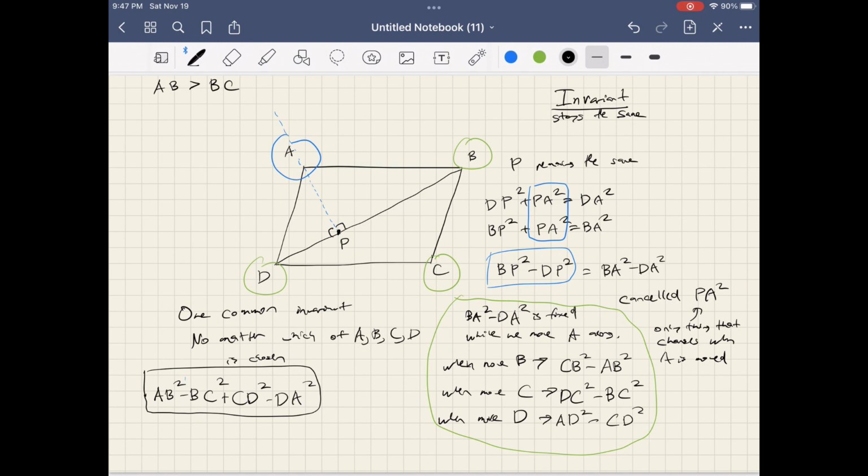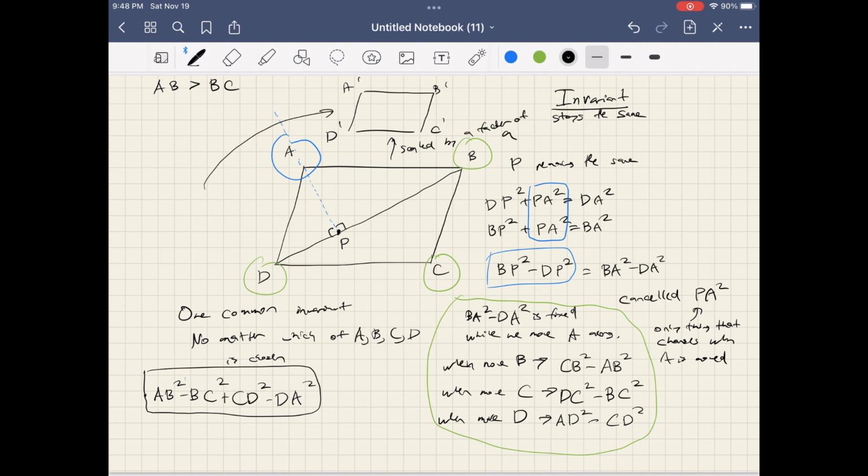So let's say that after several turns, we get a parallelogram that's similar to A, B, C, D, but scaled by a factor of Q.